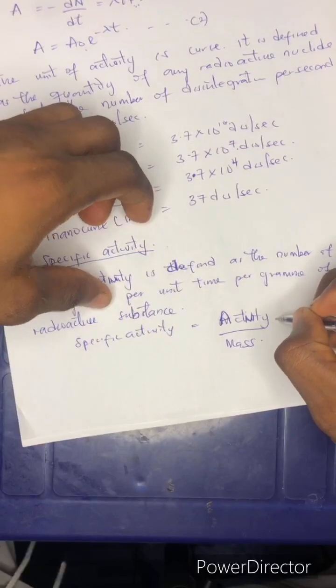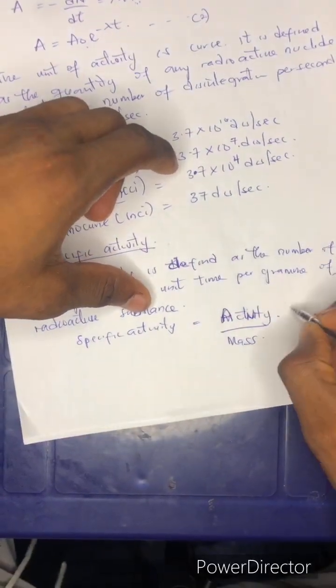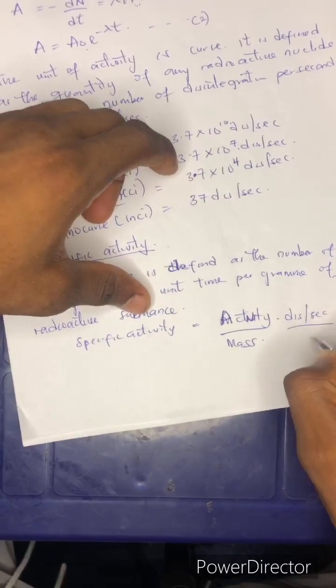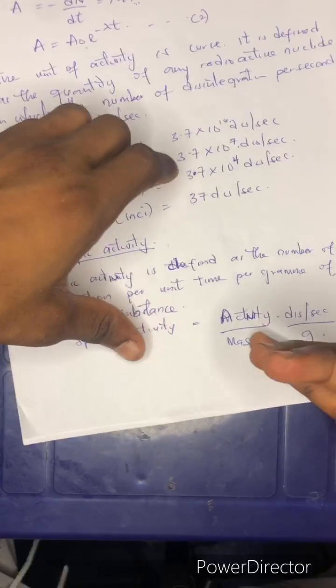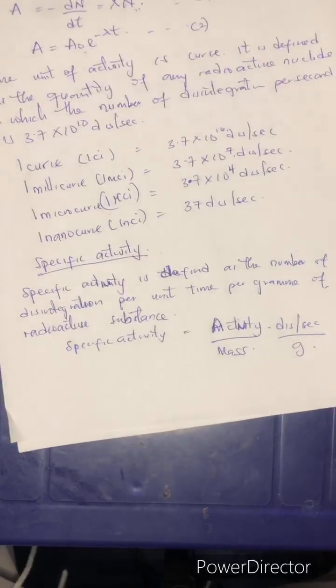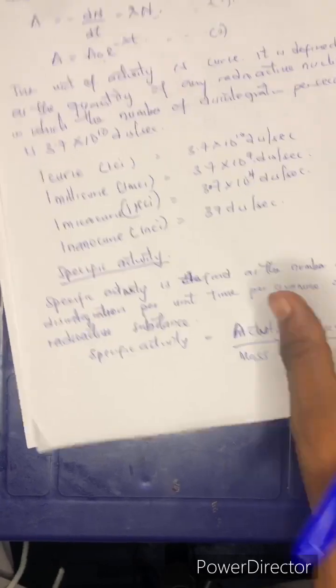We know that activity is the number of disintegration per unit time, which is per second, then per gram. Are you seeing that? So specific activity is activity divided by mass. It's not something you need to bother yourself with. It's not so difficult, is it? No, it's not difficult at all.